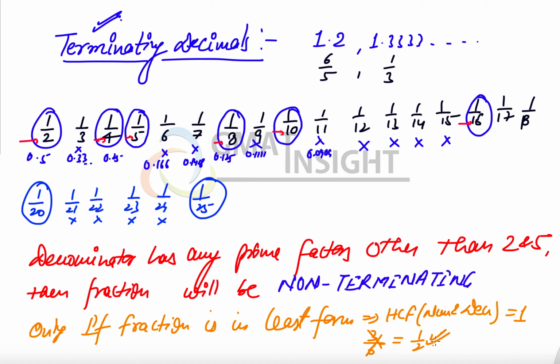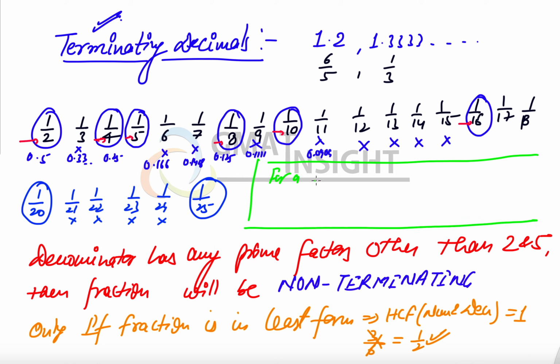So when you write it in the fraction form, if the denominator has any prime number other than 2 and 5, then it's non-terminating. And if the denominator is made up of only 2 and 5, right, then it's always terminating. So we can generalize this principle, which I'm writing here.